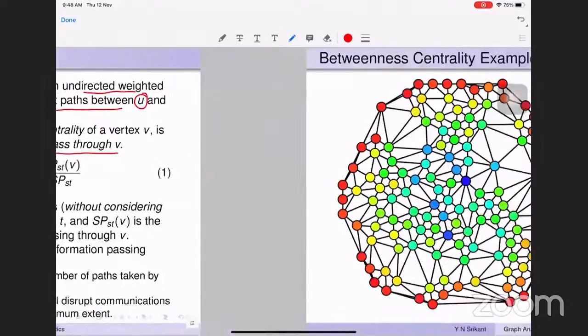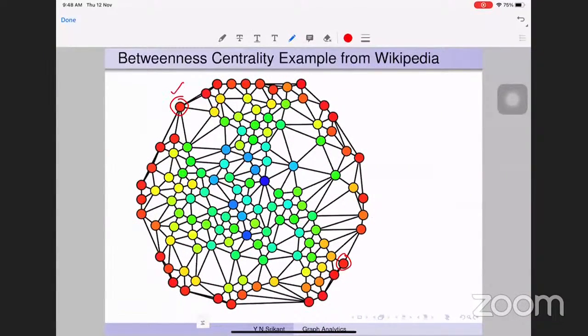Okay, so let's see what it is here. So let us say this is my node, this is my node, and here is, for example, this node or this node, etc. So let us say we compute shortest paths between every pair of nodes, right? So between this, between this, and so on and so forth.